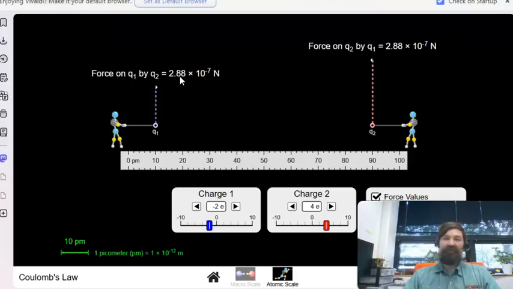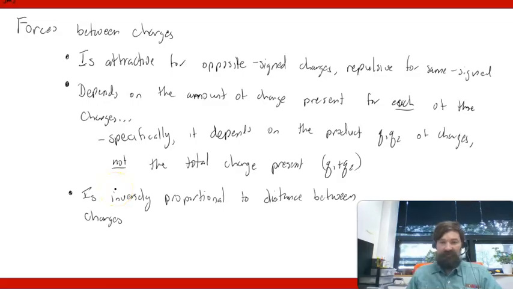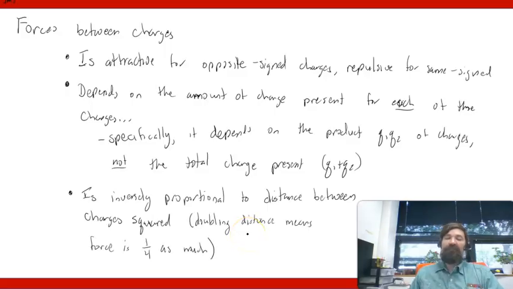So this basically means that it's inversely proportional to the distance between charges squared. Put differently, doubling the distance means that the force will be a fourth as much as it was before, and halving the distance means that the force will be 4 times as much as before.